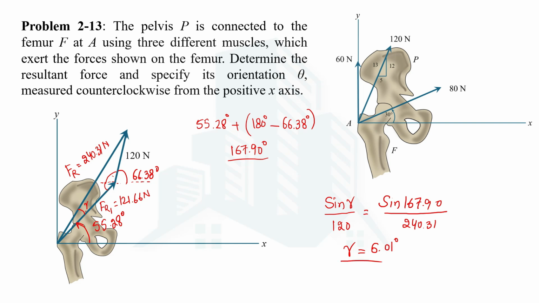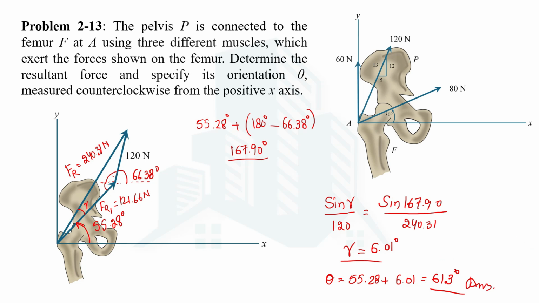Now this angle is actually 6.01 degrees, but we are being asked to determine the orientation of the resultant, which is theta, from the positive x-axis. So we simply need to add 6.01 to 55.28, then we have the angle from the positive x-axis. So 55.28 plus 6.01 will make 61.3 degrees. This will be the other answer.